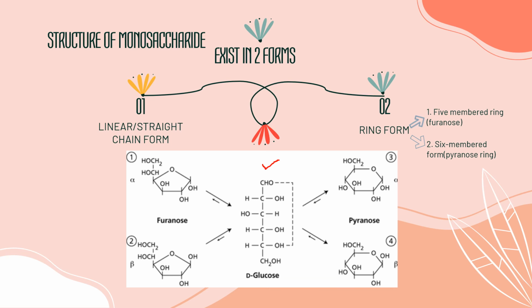When we talk about pyranose, it has 6: 1, 2, 3, 4, 5, and 6. It has a hexagon shape, while furanose has a pentagon shape.